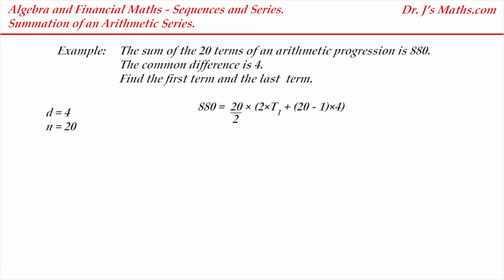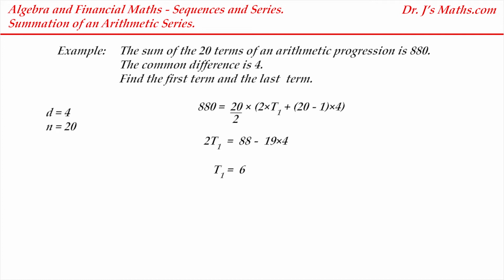Substitute. 880 is equal to the number of pairs, 20 over 2, times 2 times the first term, T1, which we've got to find, plus n minus 1, which is 20 minus 1, times the common difference, 4. So simplify that, we get 2T1 is equal to 88 minus 19 times 4, T1 is equal to 6.